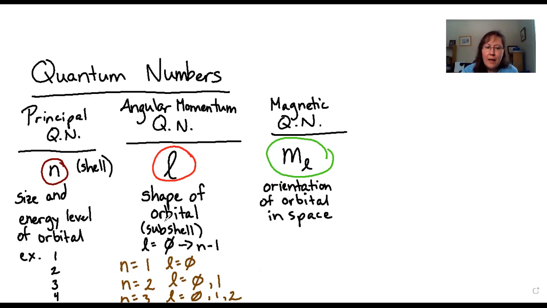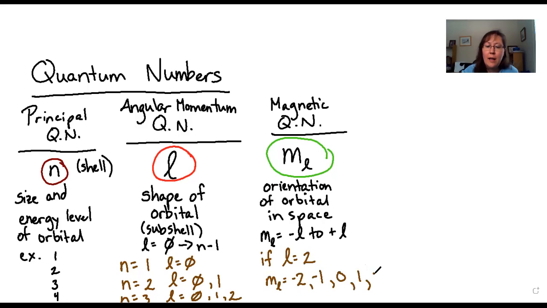Now your m sub l values depend on your l values, and m sub l goes from negative L to positive L. So what that means, for example, is that if L equals 2, then m sub L will equal negative 2, negative 1, 0, 1, and 2.